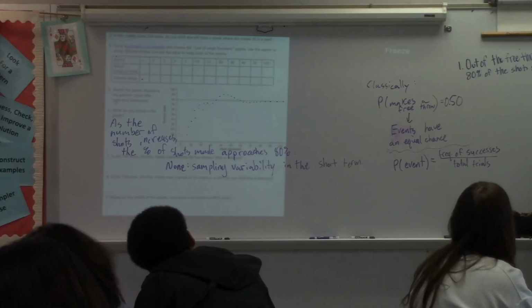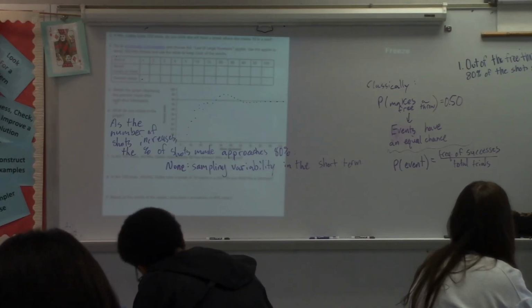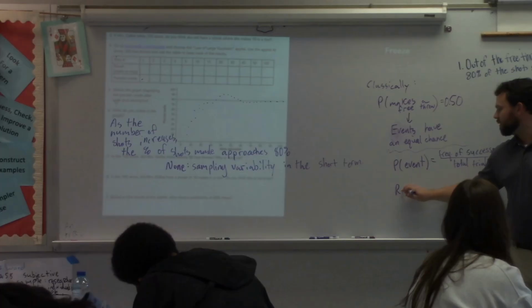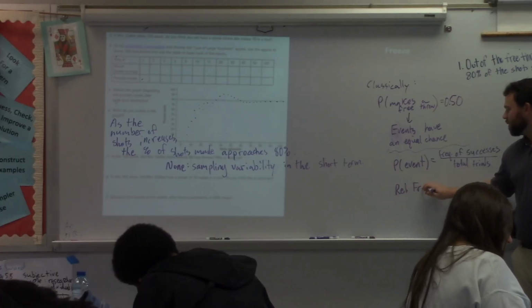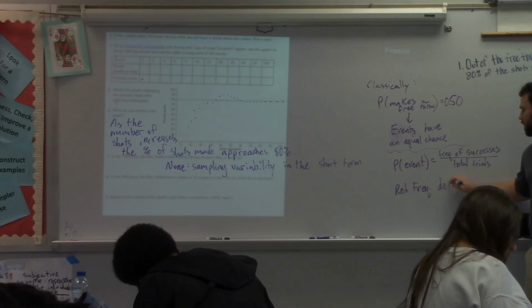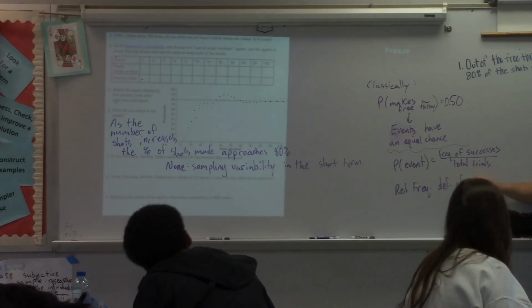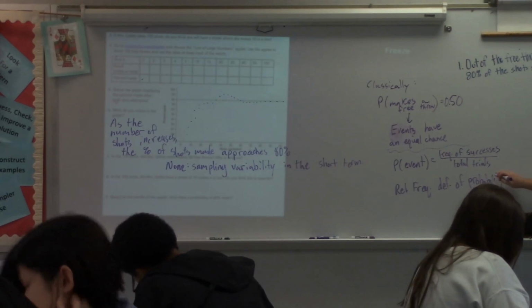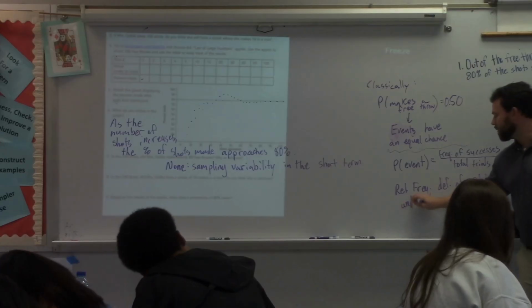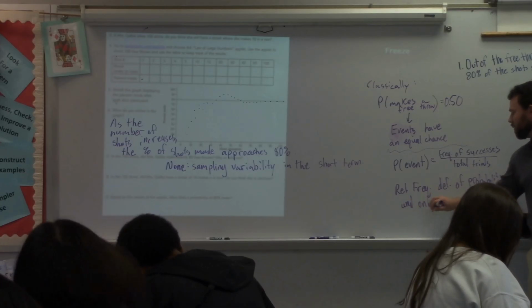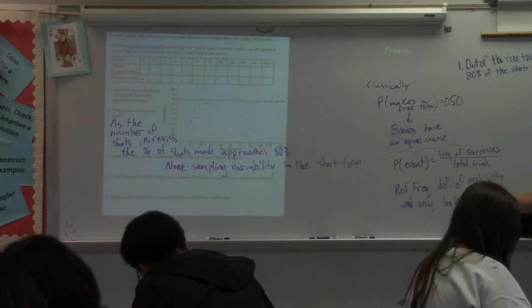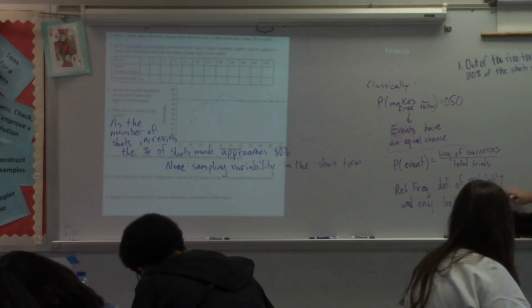That percentage is always in the long run. This is known as a relative frequency definition of probability, and it only looks at the long run.